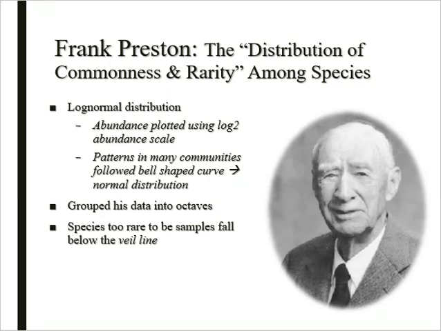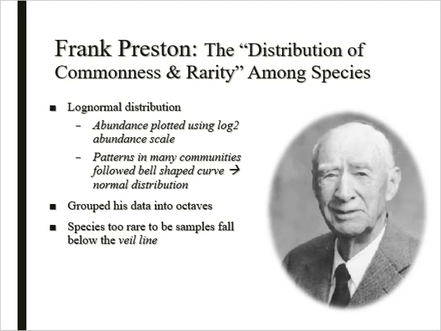He came up with the notion of the log-normal distribution of species abundance. What he did was he constructed abundance intervals, with each interval being twice the preceding one, and then graphed the number of species within each of those intervals. And that created what he called the log 2 abundance scale.